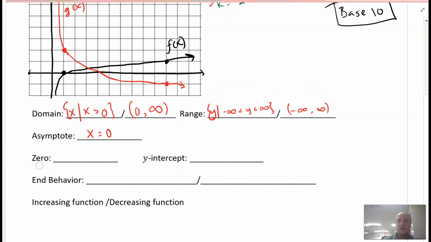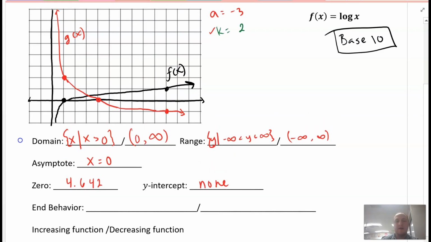Our 0 in this case is approximately right here. So our 0 is 4.642. Our y-intercept, we have none. Okay, and then end behavior.